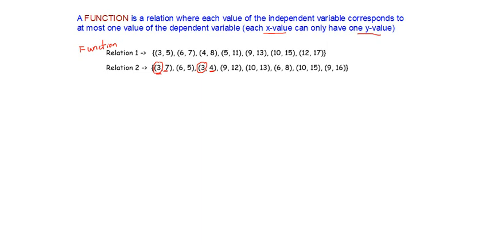Here, the x value of 3 has a y value of 7 and a y value of 4. And there may be other situations. Oh yeah, here's one right here. 9 and 12 sort of break that condition. So the first one was a function. This relation here certainly is not a function.